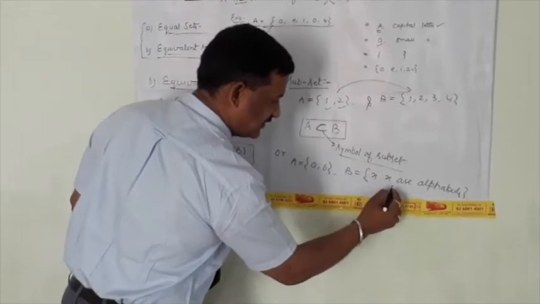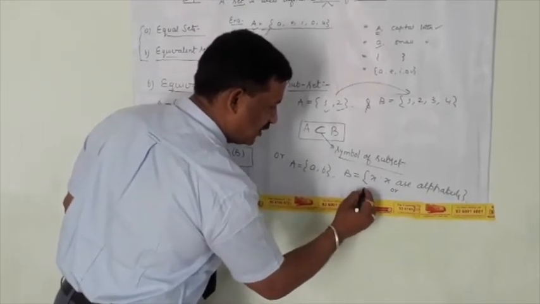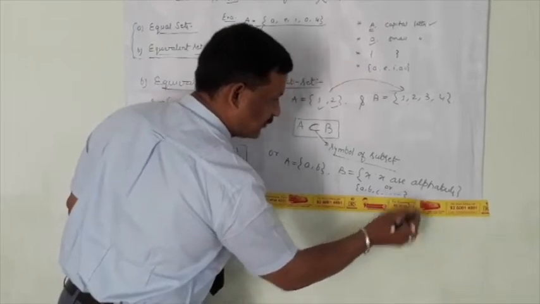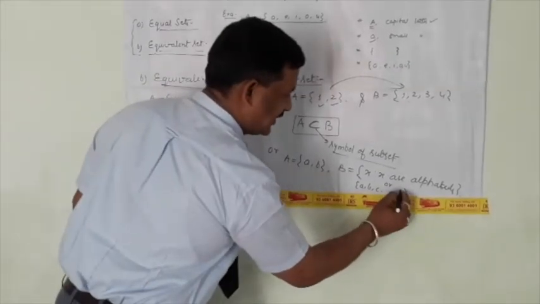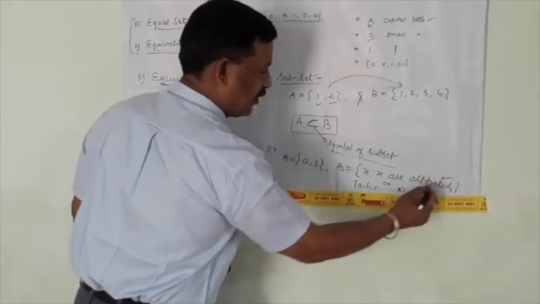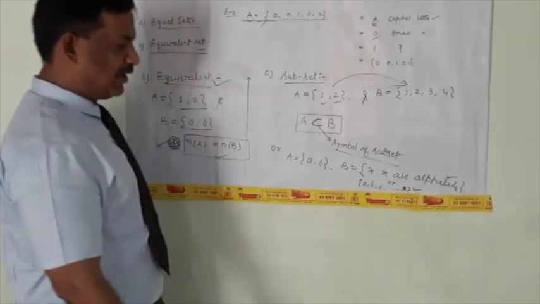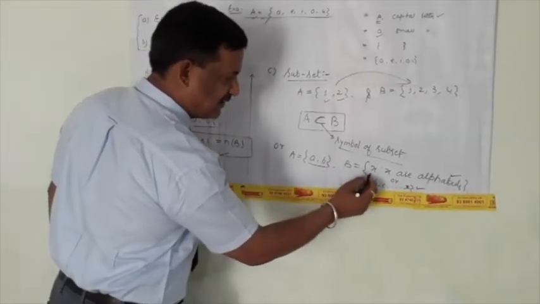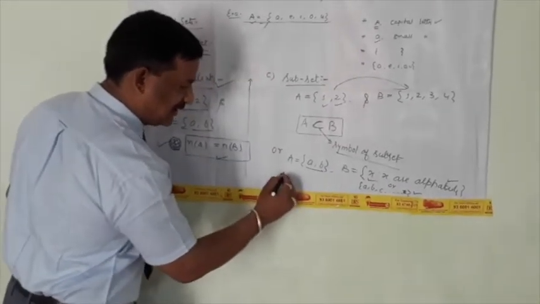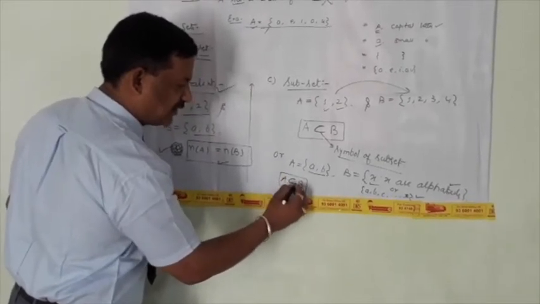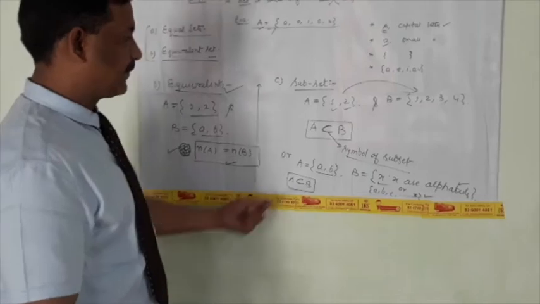If we change this set into roster form, we can write a, b, c, d, up to z, because these are the collection of alphabets. This is set builder form and this is roster form. So here also every element of A lies in B, so A is also a subset of B. So this is the concept of subset.